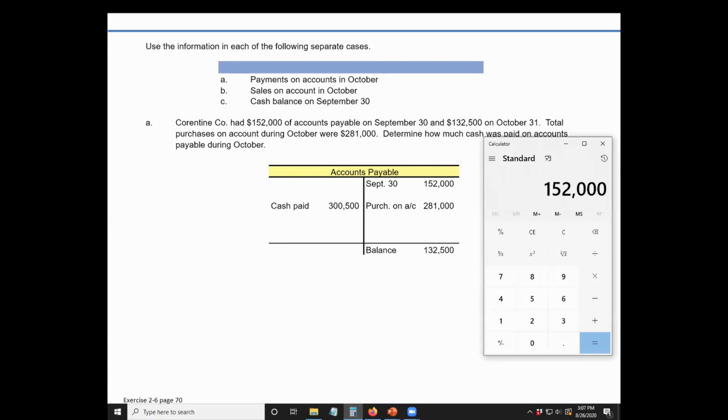And then it said that they purchased $281,000. So then that would be $433,000. Now, if you subtract what the ending balance was for the month, that's how you figure out how much they paid. And that's what they're asking us to do.